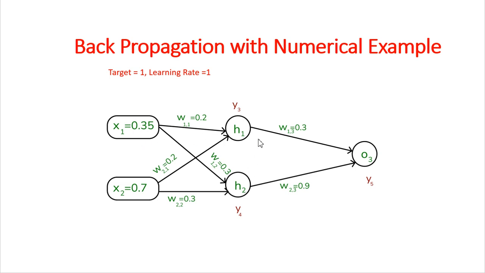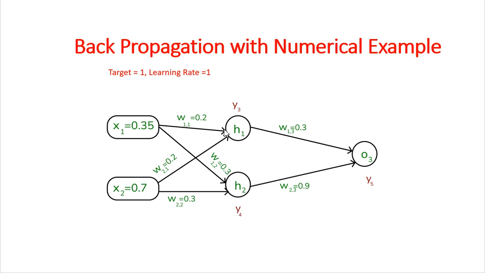In between the input layer and the hidden layer, the weights are given: W11 as 0.2, W12 as 0.3, W21 as 0.2, W22 as 0.3, and here we need to calculate the output, called Y3, and here the output will be calculated, which is called Y4.